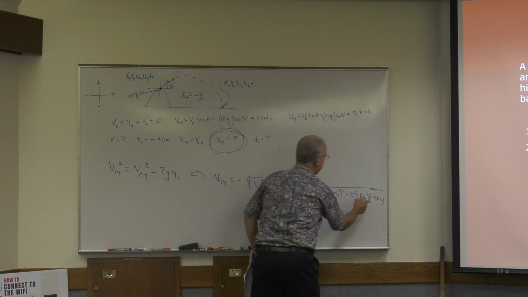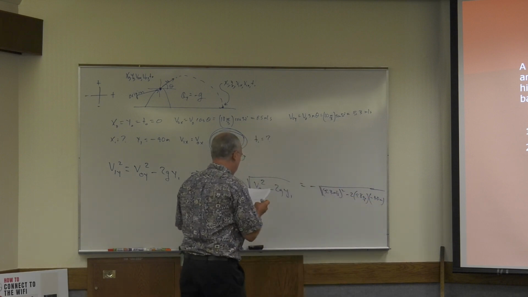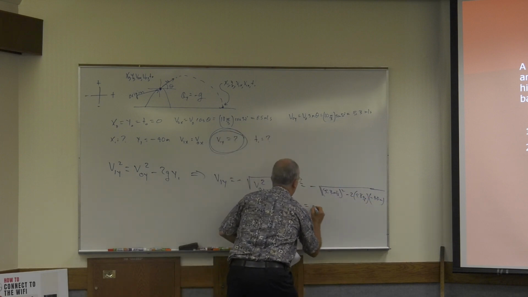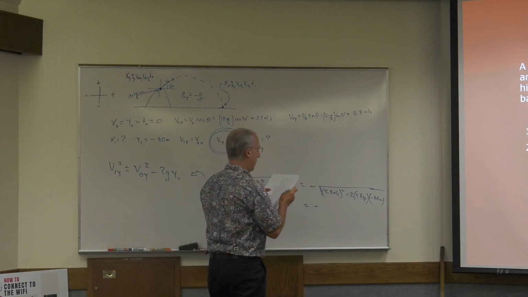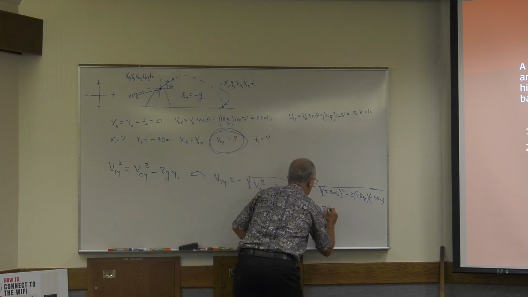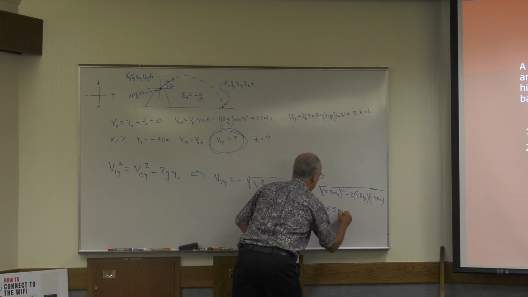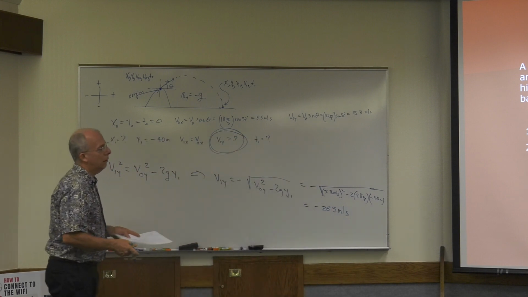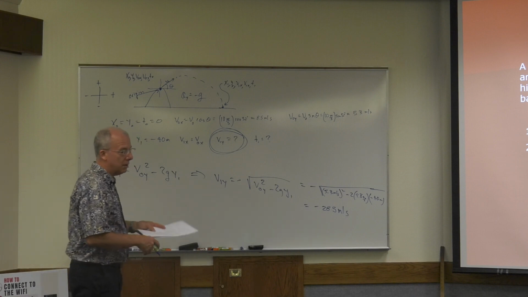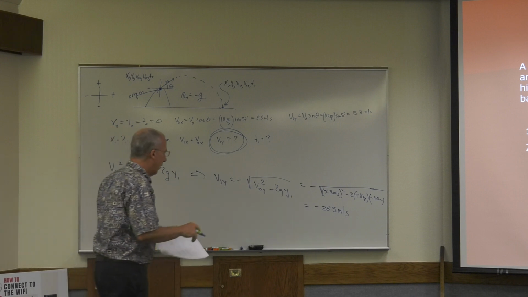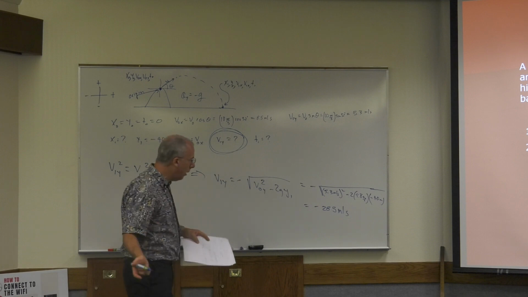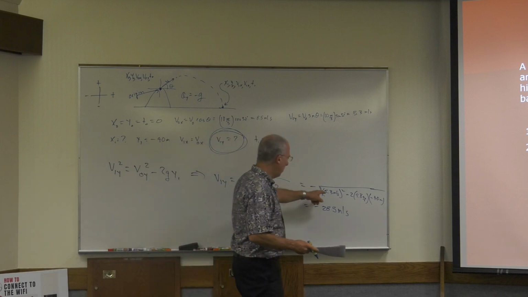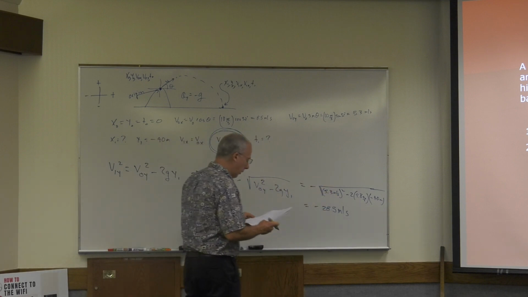You get a minus and minus, which is a plus. And so you do that, and you get 28.5 meters per second. Does that seem reasonable? Well, yeah, it's not crazy. It seems fine, not too high, not too low. Got the right units, because it's a square root of meters squared over seconds squared. Everything looks good.